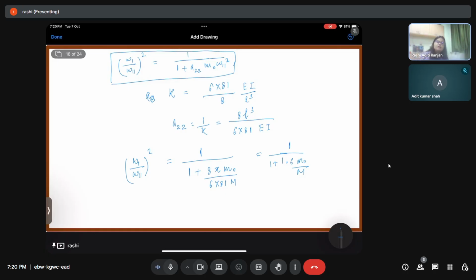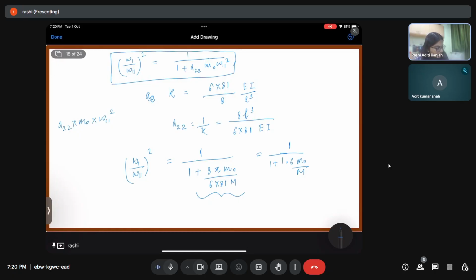And now when we know the ratio, we already know the expression for omega 11 and we can write omega 1 in terms of this equation that I wrote over here. Here what we did was we put the value of A22 and into omega 11 square. So basically we get A22 into m naught into omega 11 square.